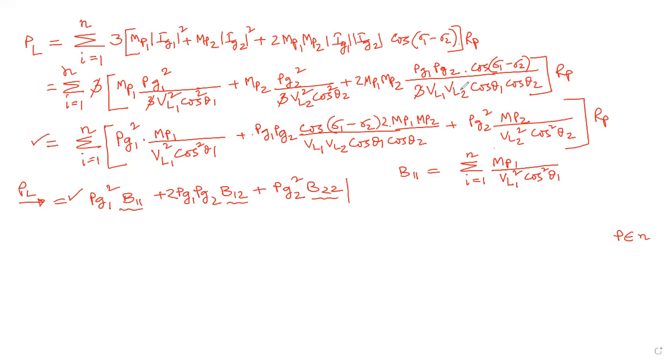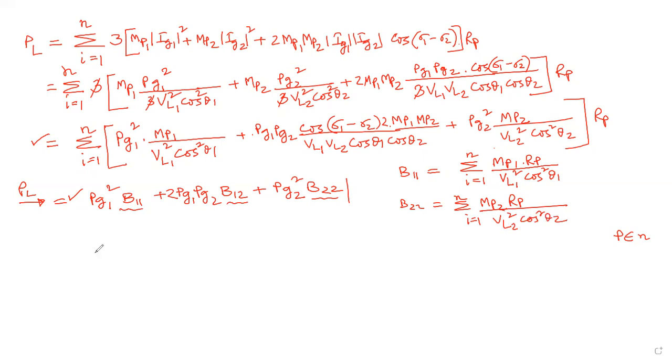Then B22 is again simply, multiplied by RP, summation I equals 1 up to n MP2 squared RP over VL2 squared cosine squared theta 2.